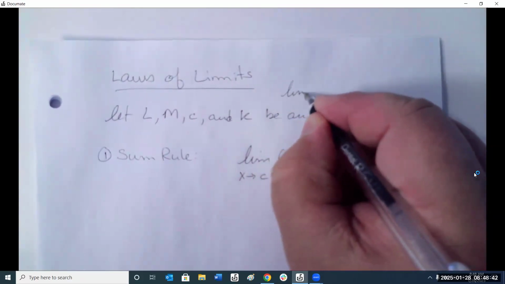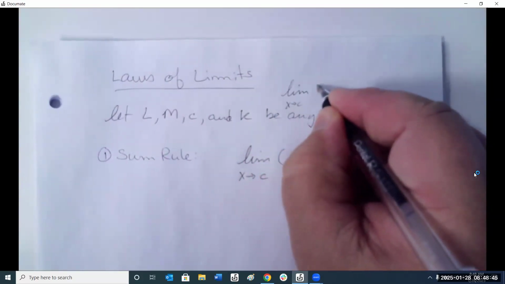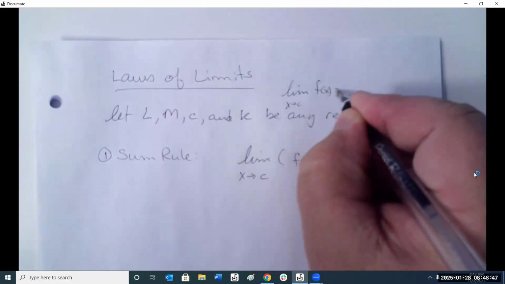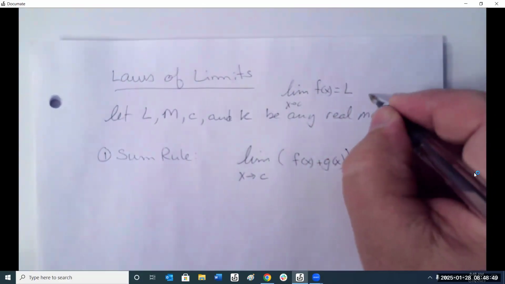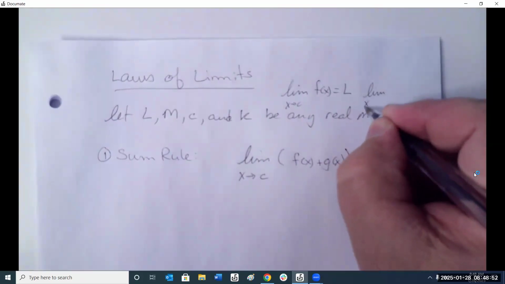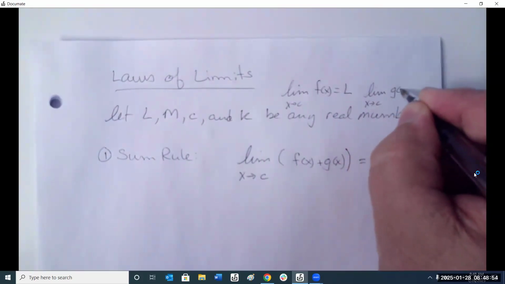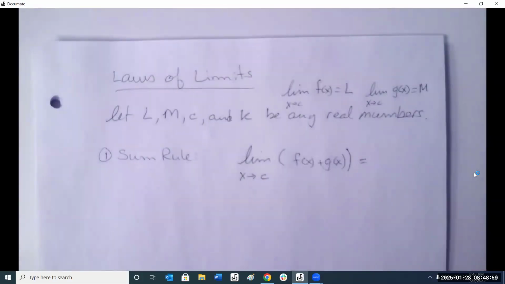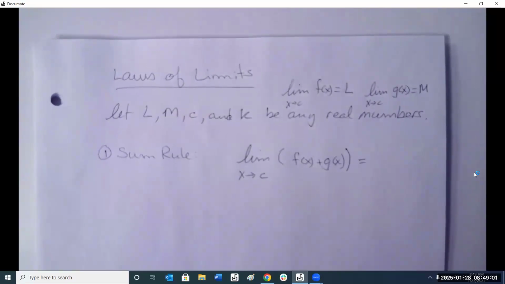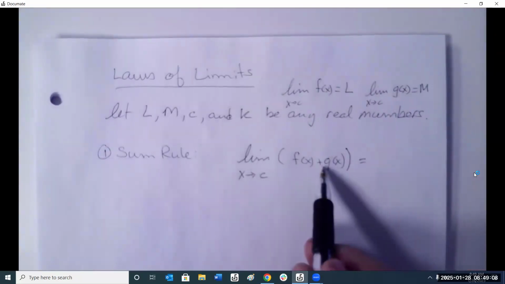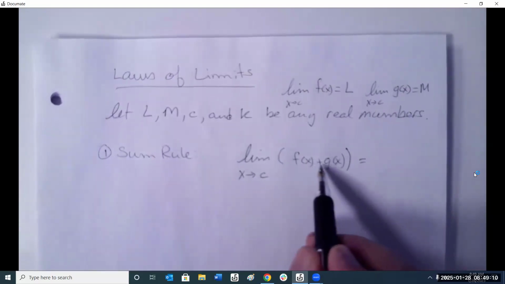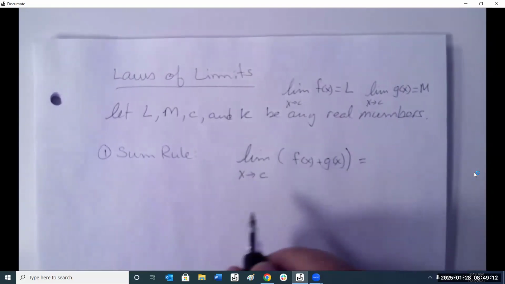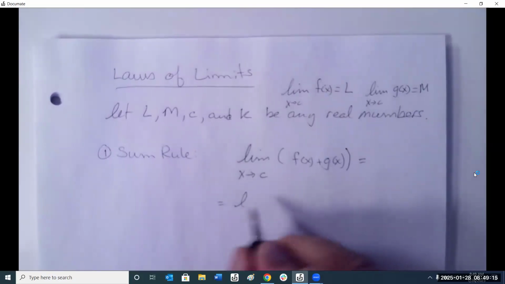The limit as x approaches c of f of x equals L. The limit as x approaches c of g of x equals M. So what this tells us is if we have a limit over a sum, we can split them up.